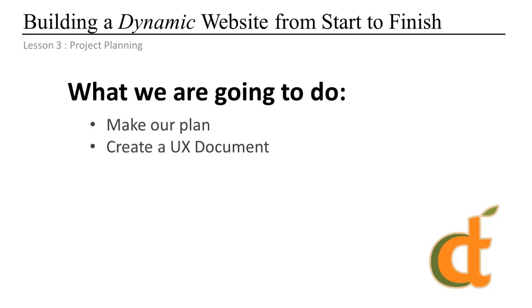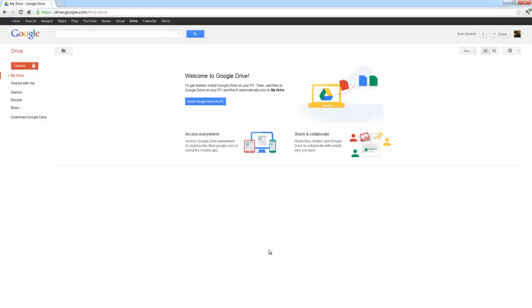So what we're going to do is utilize, as I mentioned in the last video, a little bit of Google's tools that they give you for free. If you do not have a Google account, I'd really suggest that you do get one, even if you don't use it for what we're about to use it for.